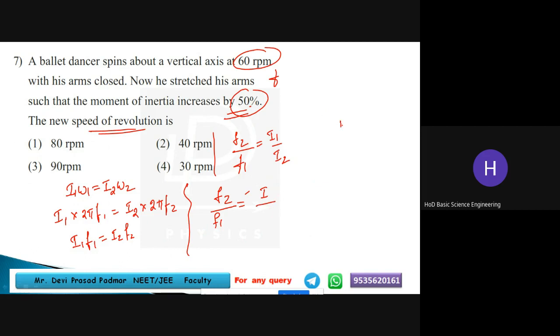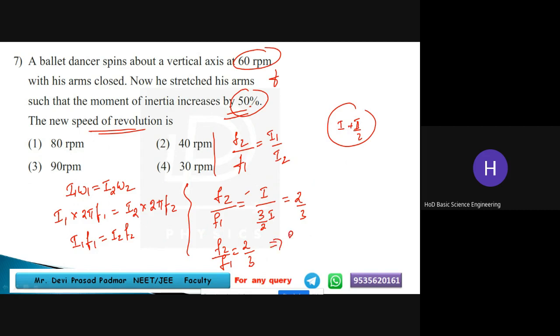That means I plus half I. So what do you get? 3 by 2 I, right? So adding half, 50%. Now you will get it as 2 by 3. That means F2 divided by F1 is 2 by 3.